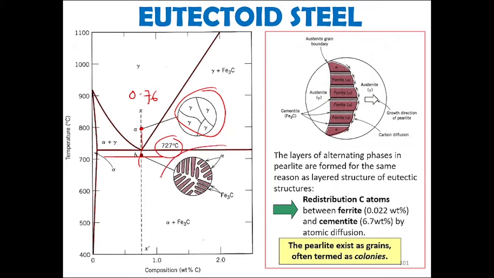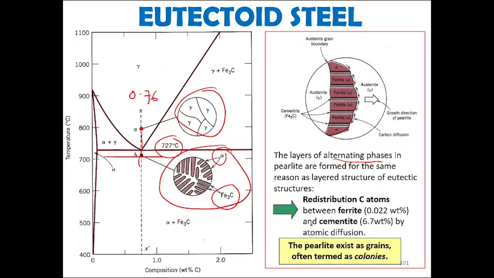This is the drawing of pearlite. To draw the pearlite microstructure at eutectoid composition, you need to draw a lamellar structure of alpha ferrite and cementite in layers. The alternating layers or lamella in pearlite are formed for the same reason as the layered structure of eutectic structure.